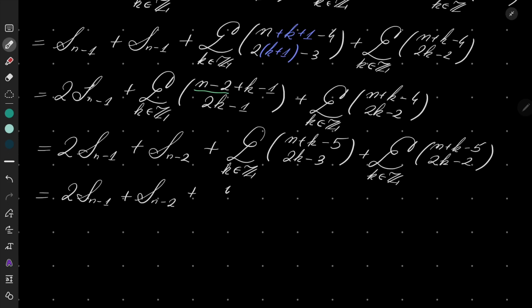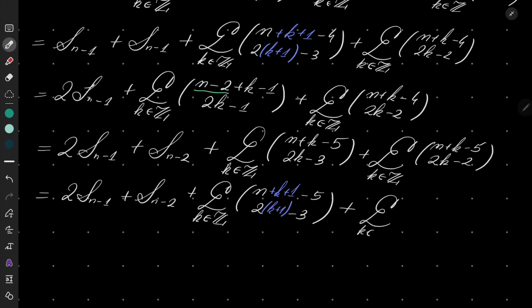In this sum, what will I do? Again, I will move my index of summation by 1. So instead of k, I will put k plus 1. And my last sum will stay the same for now.